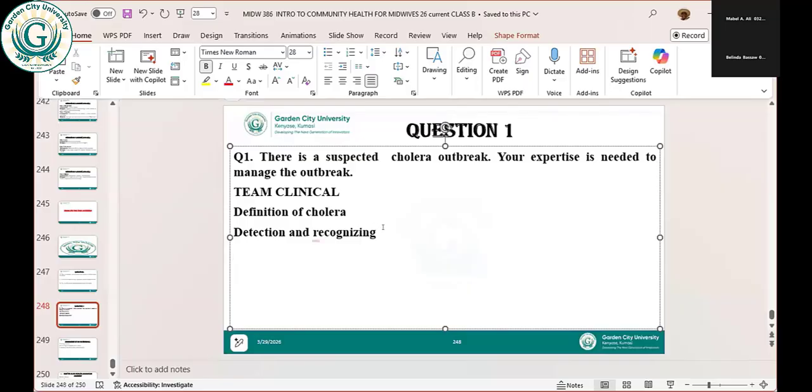Detection and recognizing the outbreak. Then immediate case treatment, where we set up centers, we hydrate the people, and give them antibiotics if necessary. That's part of the immediate case treatment.